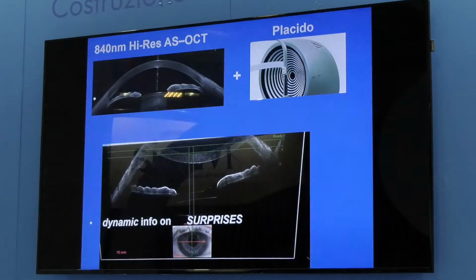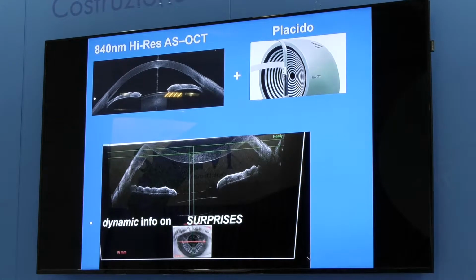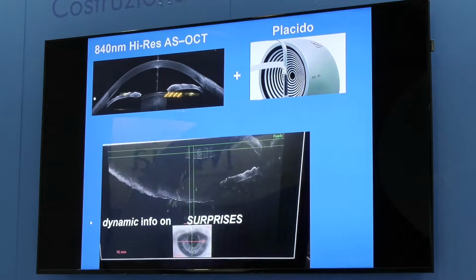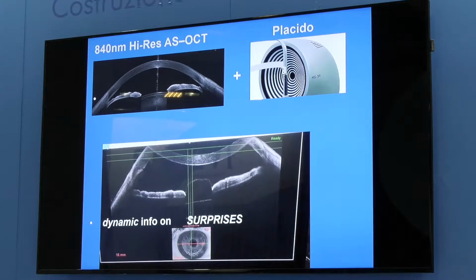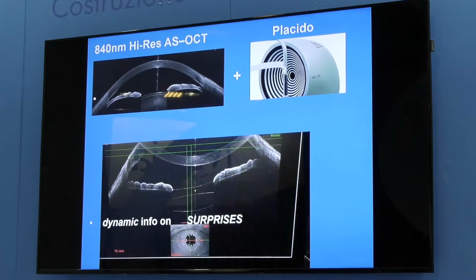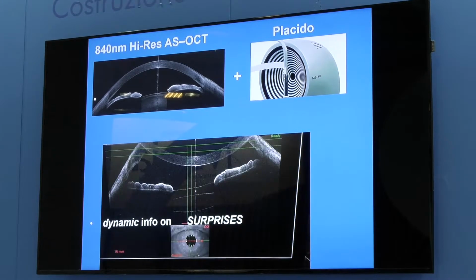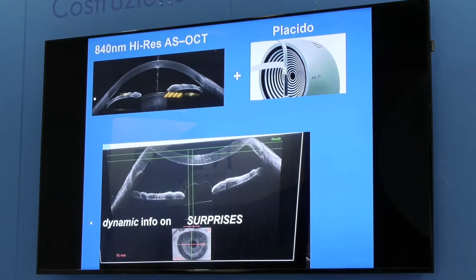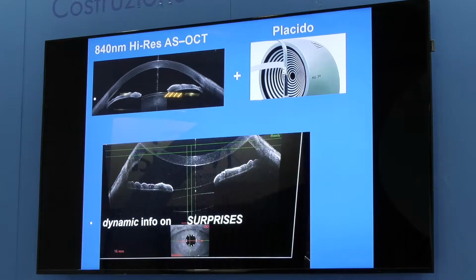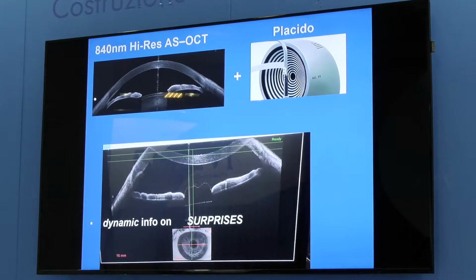In some cases, we can also have a look at strange surprises that we might face. Like in this case, this is the next day post-op in a phacoemulsification, and this is a fibrin layer, which is like a tent covering the iris, the pupil area.